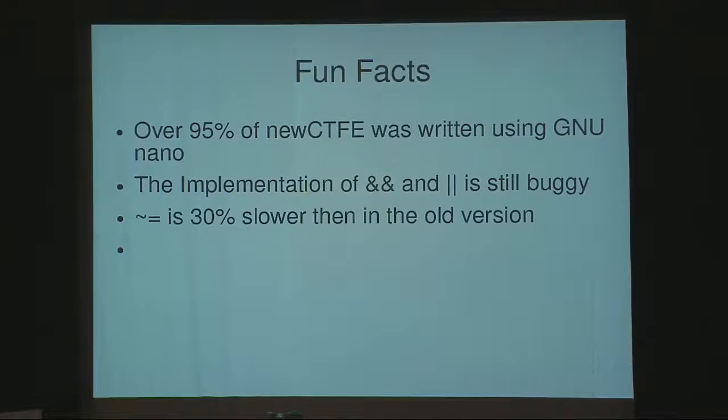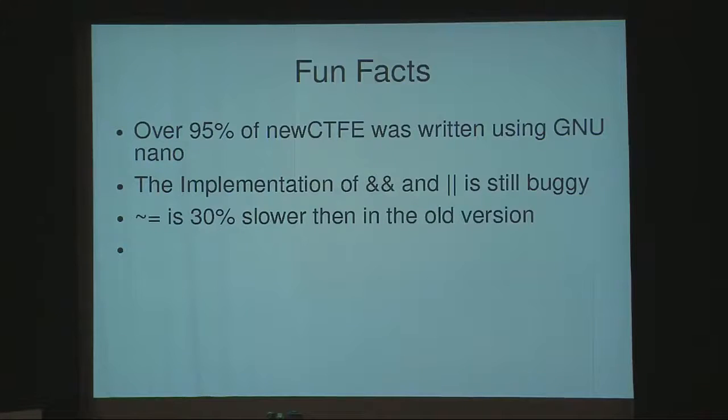And DMD's AST, with its sometimes weird design decisions, doesn't make it easier. Fun fact, 95% of new CTFE was written using GNU Nano without tab to spaces conversions, because I didn't get how to set up my .nanorc, and the implementation of an and or is still buggy.